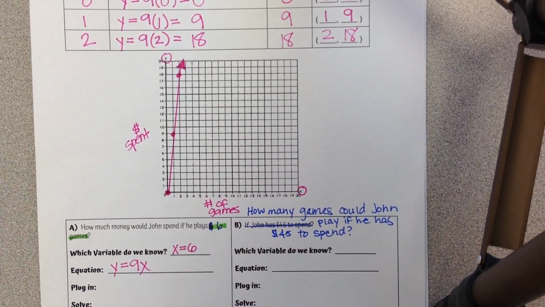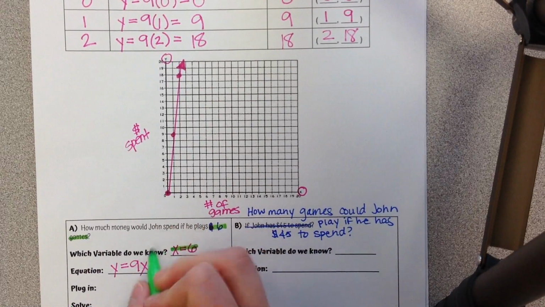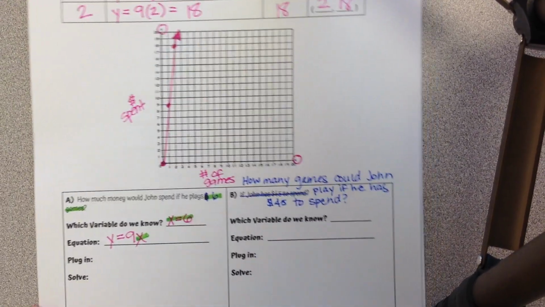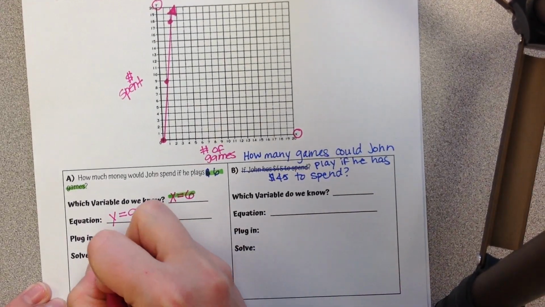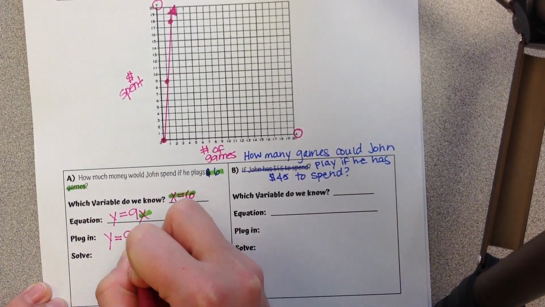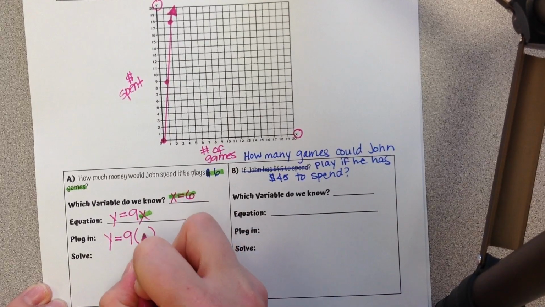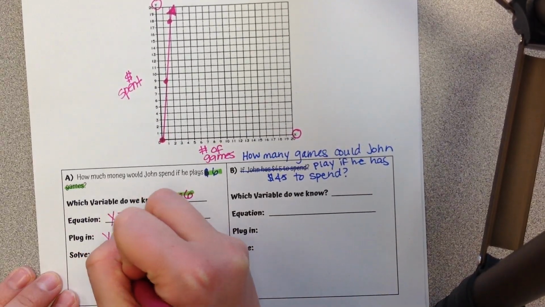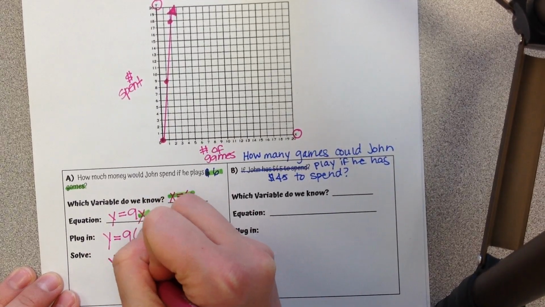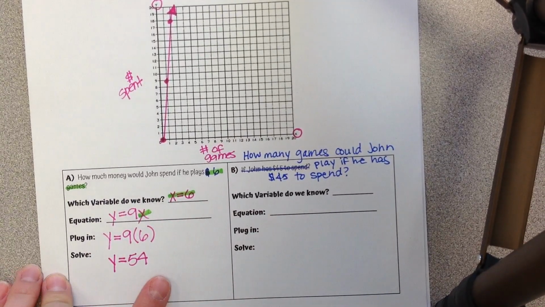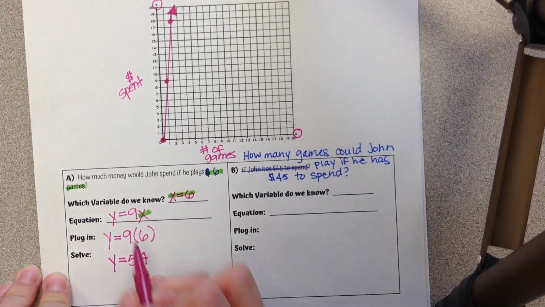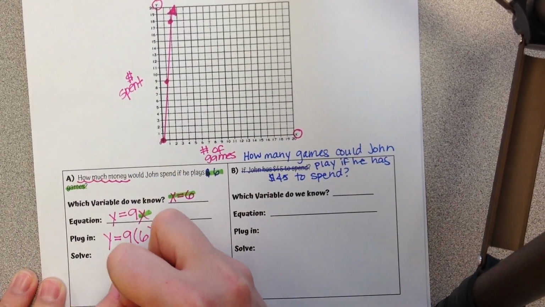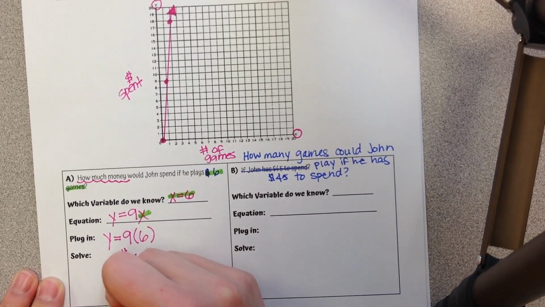So I am going to be plugging in 6 for X. When I plug that in, my equation will look like Y equals 9 times 6, which means Y equals 54. This is a word problem, so I need units. I was trying to figure out how much money he would spend, so my answer would be $54.